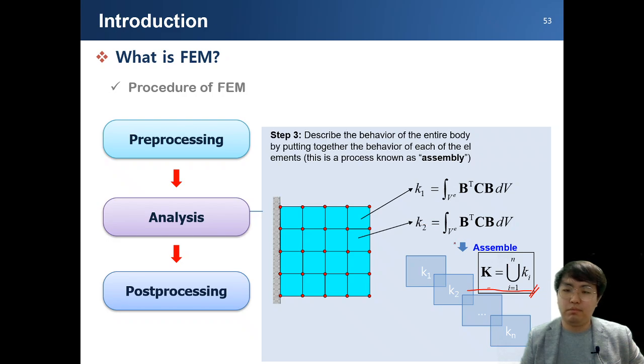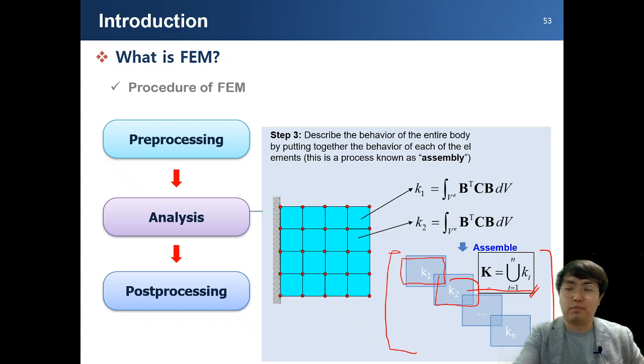Assembling is not a simple summation of the matrices; we put each local stiffness matrix into the proper position of the global stiffness matrix. There are many assembly techniques in the FEM method, and in the next lecture we are going to learn the details.